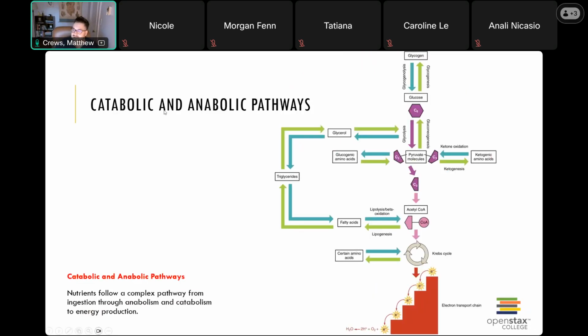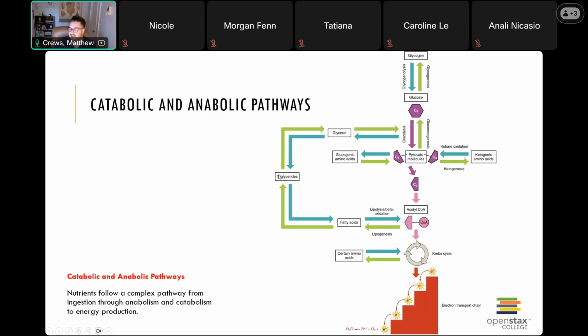All right, catabolic and anabolic pathways. What I would want you to take away from this is that all of these processes that we've talked about are all connected. Know that you can take glucose and you can end up all the way over here as a triglyceride.